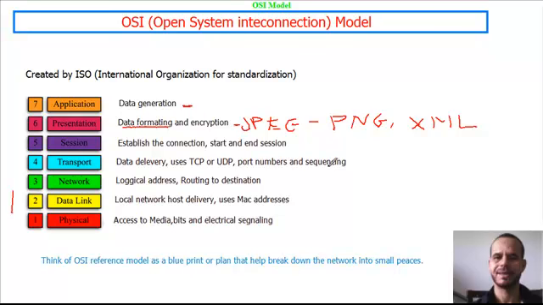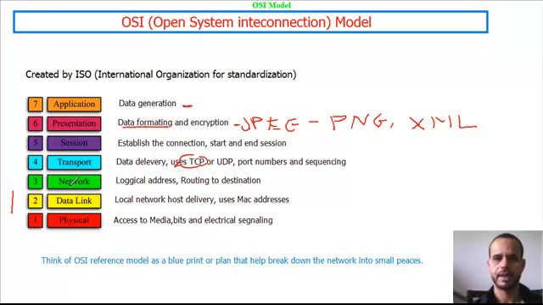And also it uses sequencing. Sequencing is used to reassemble the data at the receiver host, and also to detect if there are errors and resend data if we are using TCP, the reliable protocol.